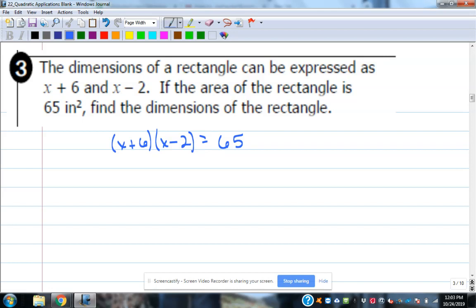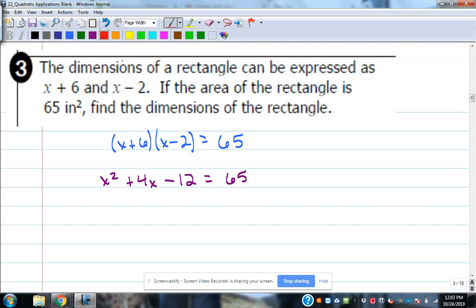What do I do next? Yeah, I need to distribute out the left side because I've got to get this problem equal to what to solve it? 0, so that I can use either factoring or the quadratic formula to solve that. So x times x is x squared. Negative 2x plus 6x would be 4x, minus 12.